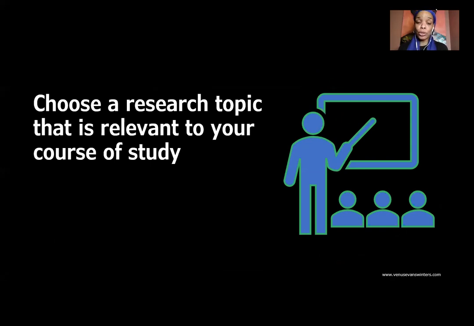Next, I highly suggest to choose a research topic that is relevant to your course of study. There is nothing like being out of your lane. Okay, so you definitely want to choose a research topic that you've actually been prepared to study. So meaning, choose a topic that's relevant to your discipline. Choose a topic that other people have begun to research in your discipline.